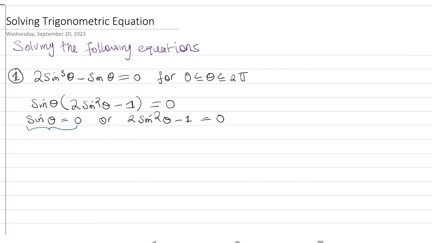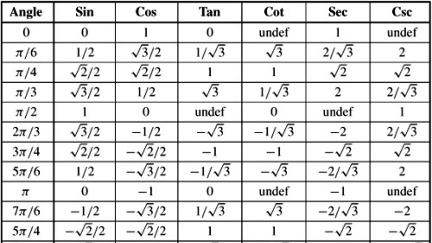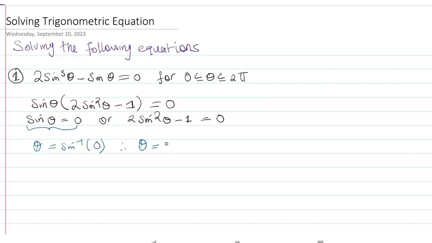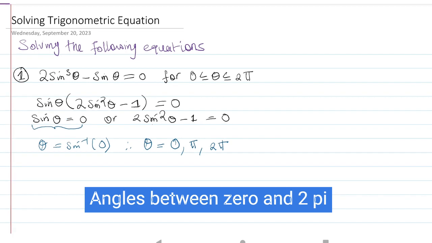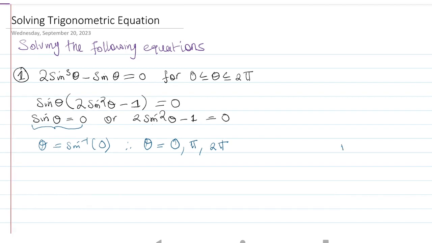Now, you know that to calculate this angle, you could say theta is equal to sine inverse of 0. Or we can use this table. So therefore, theta is equal to 0. You know that sine 0 is 0. And theta can be pi and theta can be 2 pi. So this is the first set.